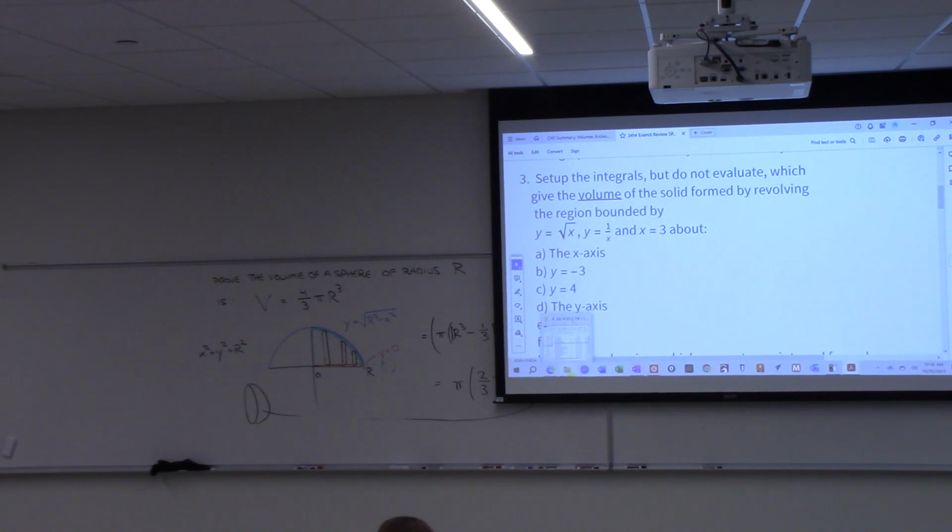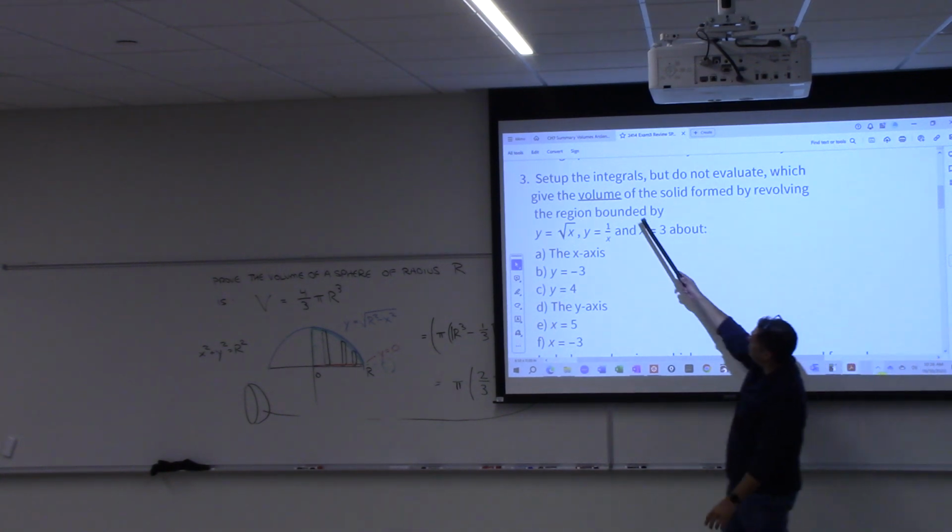This is a problem directly from an exam review. You can either take a picture of this or write it down, but I give you 3 curves. Let me explain first, and then you can take a picture.